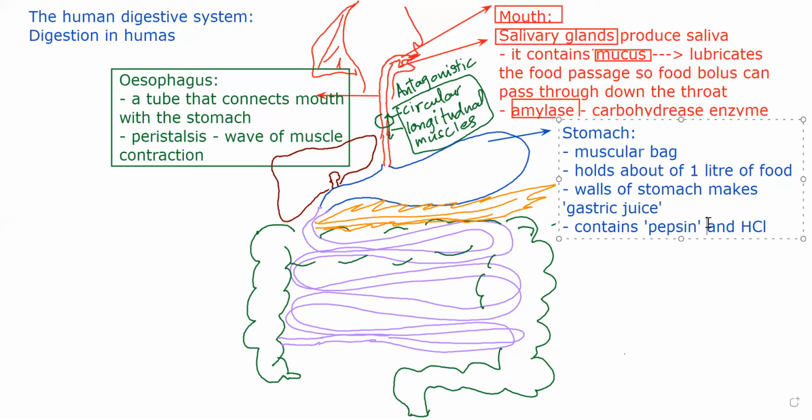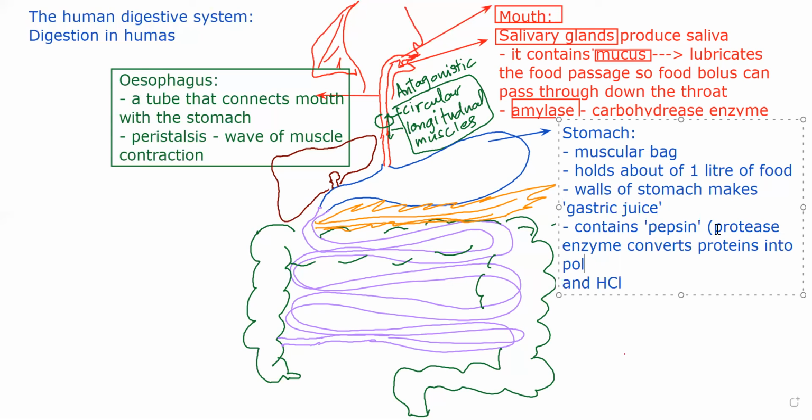Pepsin, we already know. Pepsin is the protease enzyme, and what does it do? This protease enzyme converts proteins into polypeptides. And HCl, what does it do?